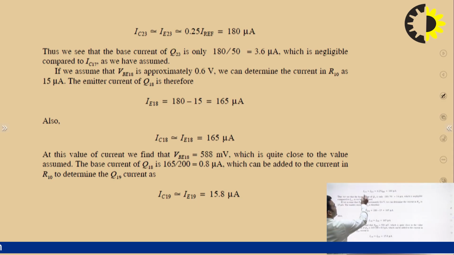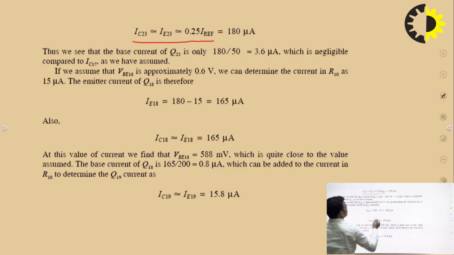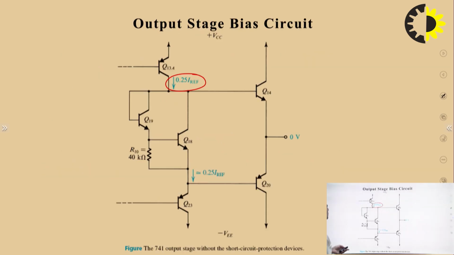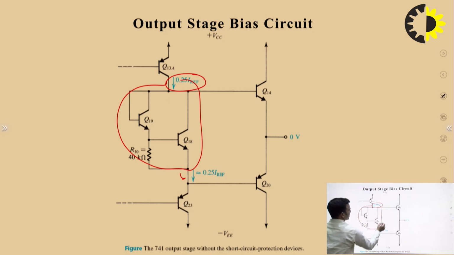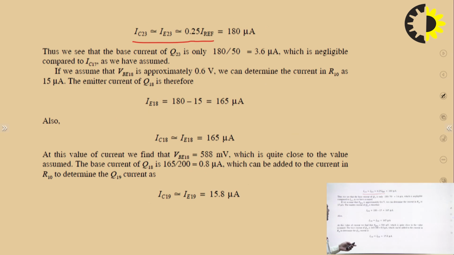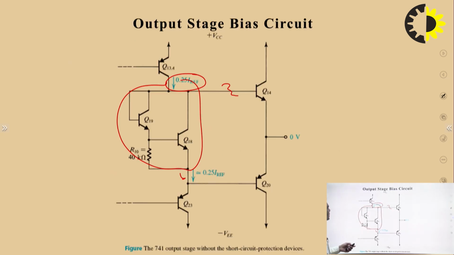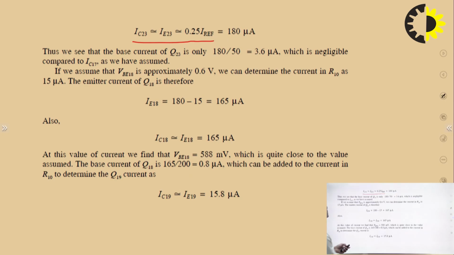Let us come to the discussion. IC23, this whole current will go over here. If I consider the base current negligible, then IC23, which is nearly equal to IE23, will be equal to 0.25 times I reference.